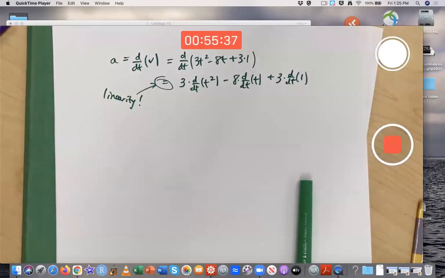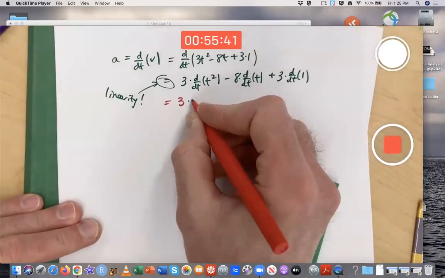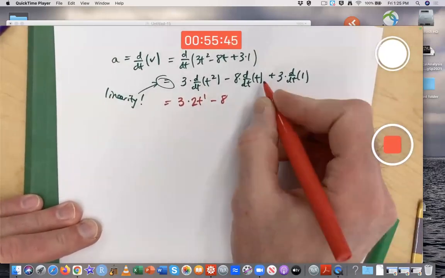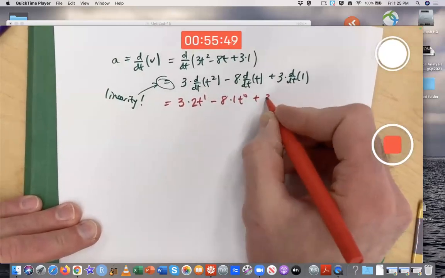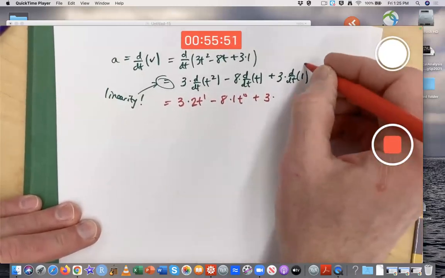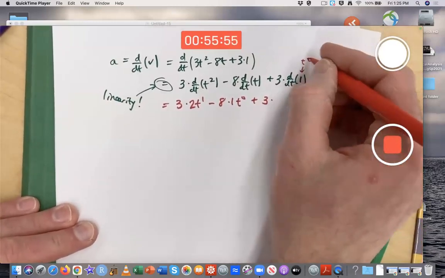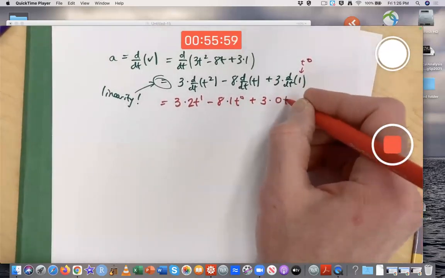Now use the power rule. Derivative of t squared, bring down the 2, subtract 1 from the exponent. Derivative of t, bring down the 1, subtract 1 from the exponent. Derivative of 1. Well, 1 is like a t to the 0 power, again not worrying about the fact that technically 0 to the 0 power is undefined. Bring down the 0 and subtract 1.